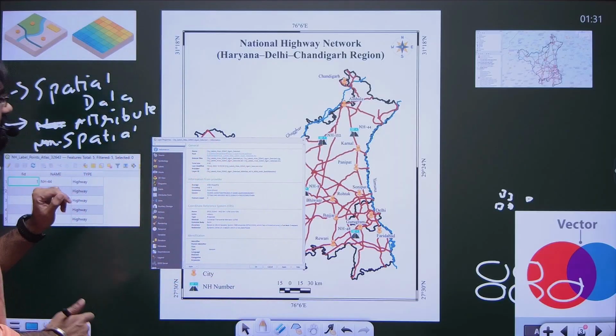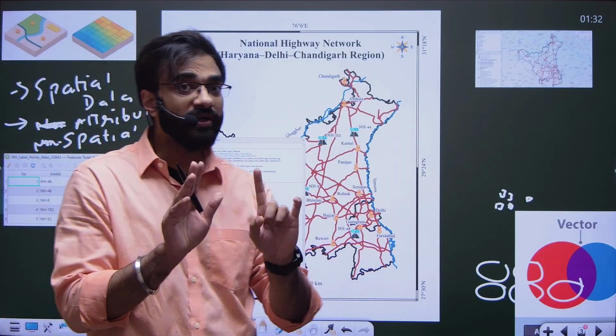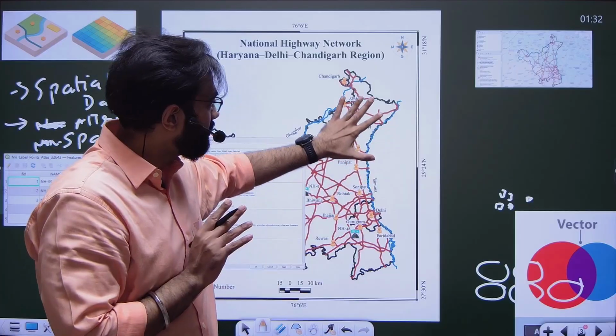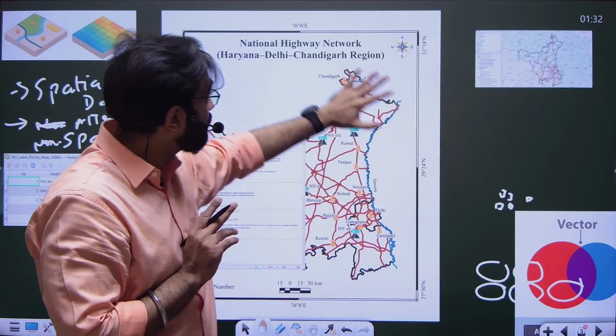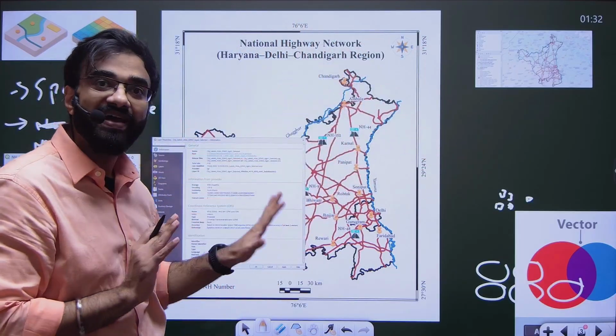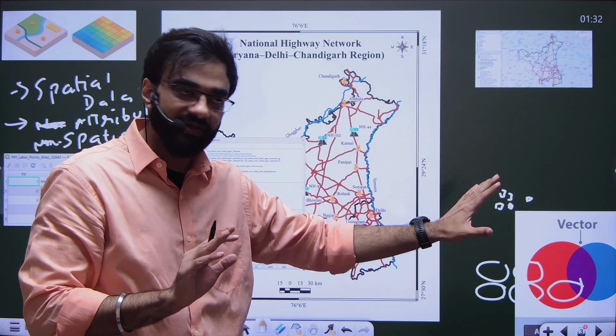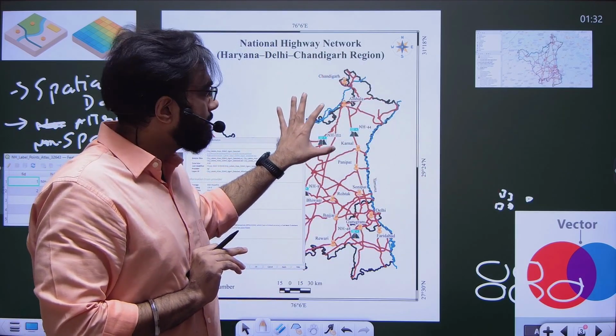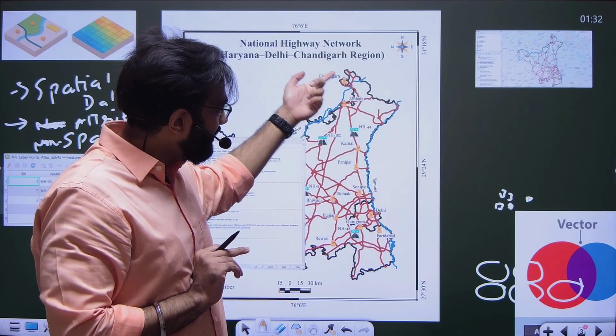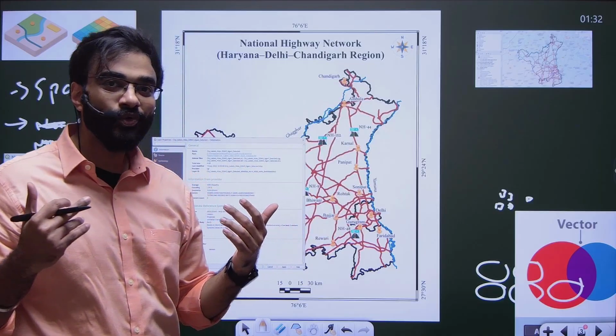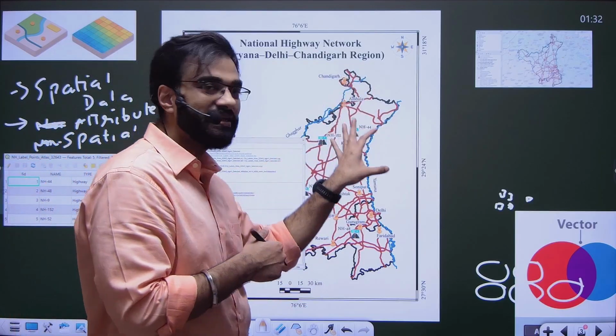So what is non-spatial data? Of course, it is not associated with space. Here we have the latitudes, here we have the longitudes, so it defines a particular area or extent. This is spatial data. But Ambala, Chandigarh, how do we come to know about this? These are just polygons and lines.